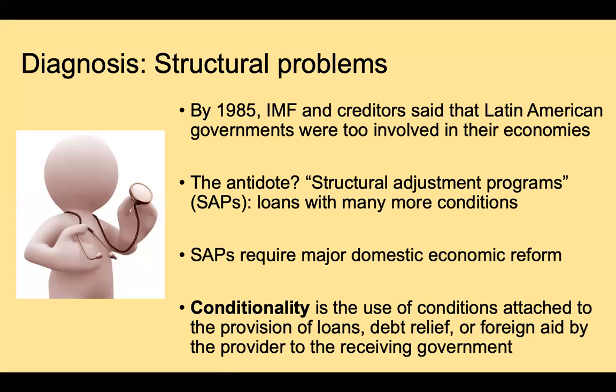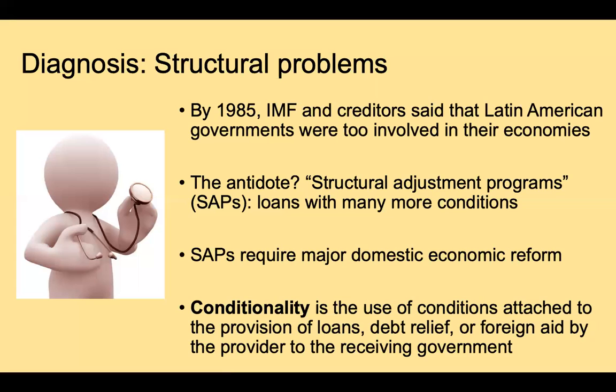And conditionality was the term that was placed on this. Conditionality referred to the use of conditions attached to the provision of loans, debt relief, or foreign aid by the provider to the receiving government. Basically, the idea was if you want to continue receiving loans necessary to finance consumption or development, you've got to begin undertaking major domestic economic reform in the form of a variety of changes related to reducing the role of the state.